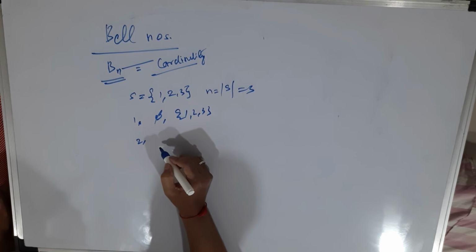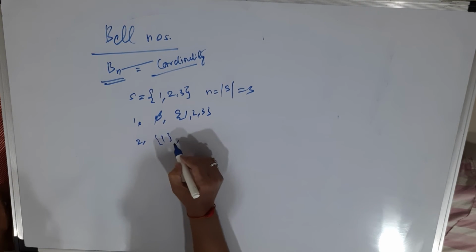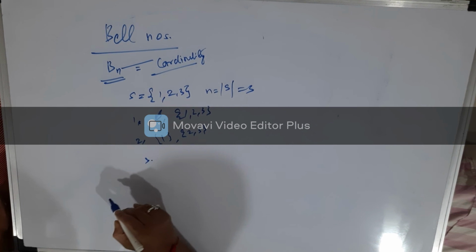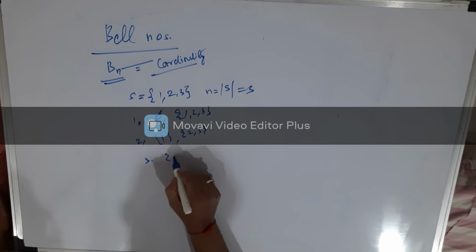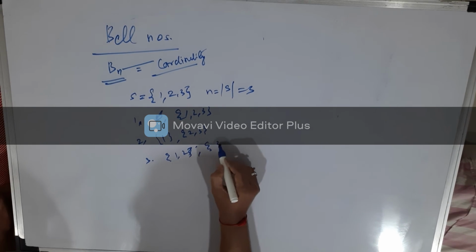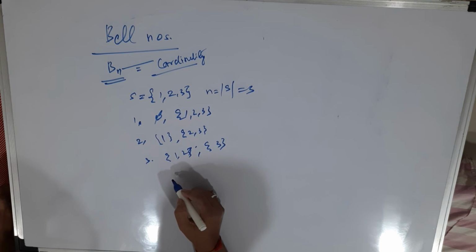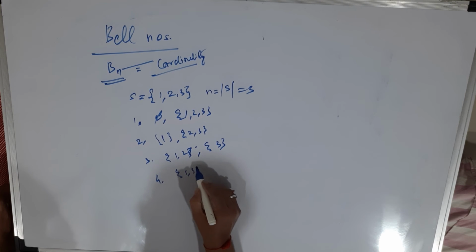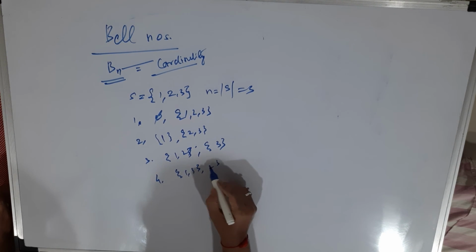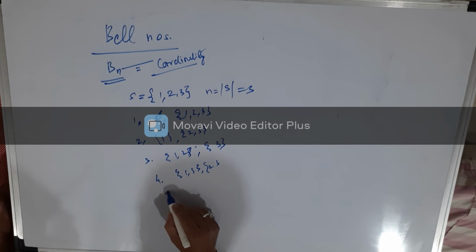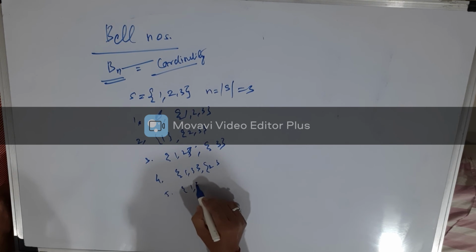The second partition is {1}, {2}, {3}. The third is {1, 2} and {3}. The fourth is {1, 3} and {2}. The fifth is {1} and {2, 3}.